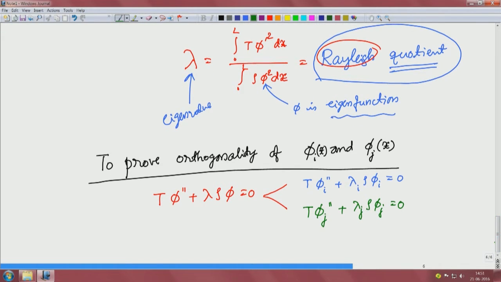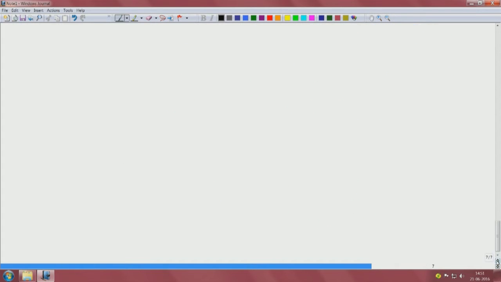Now, this equation we will multiply by phi j everywhere, and the other equation we will multiply by phi i. And then we will integrate from 0 to L. That integration I will do here, so that it does not become cluttered.